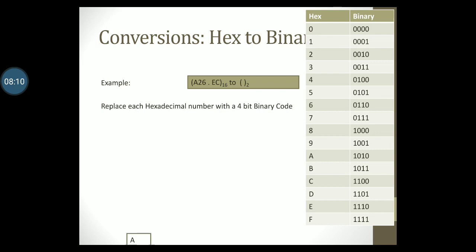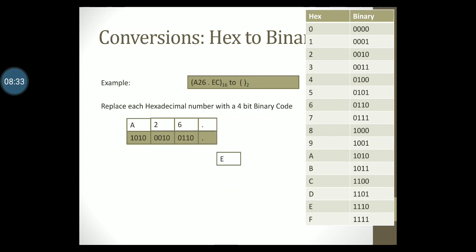Start with hexadecimal A. Its 4-bit binary value is 1010. Next we have hexadecimal 2, whose binary value in 4 bits is 0010. Next is hexadecimal 6, whose binary value is 0110. Put the decimal point.